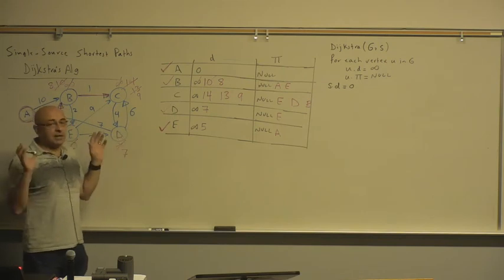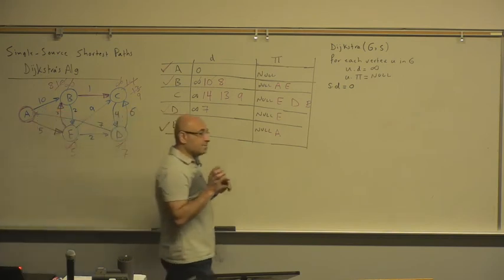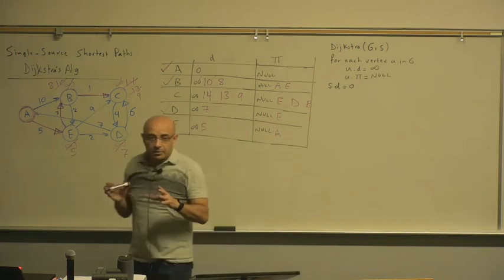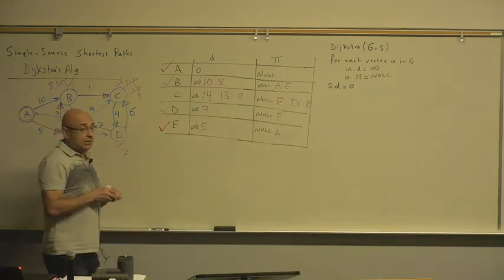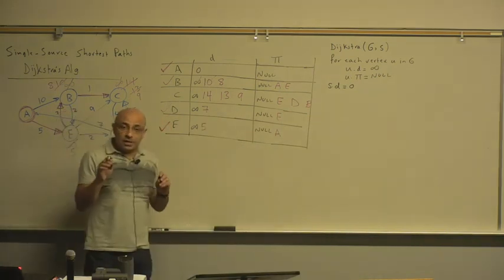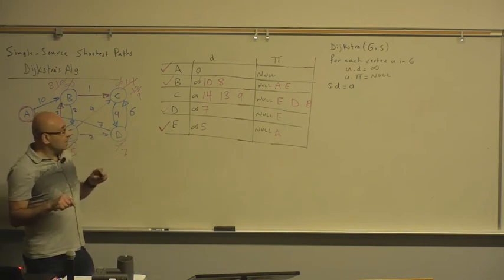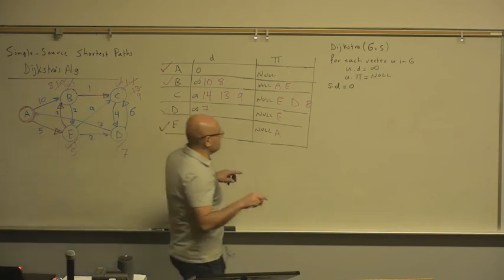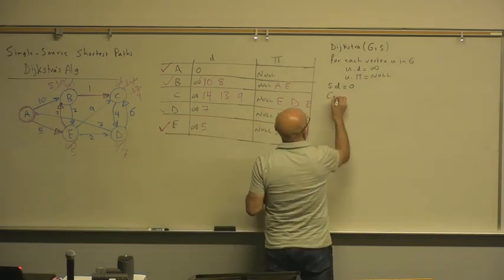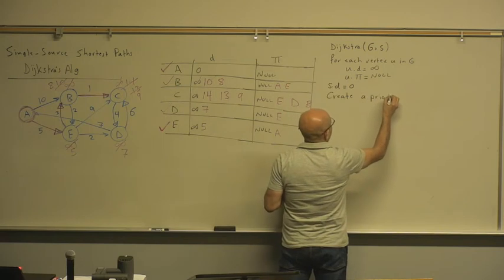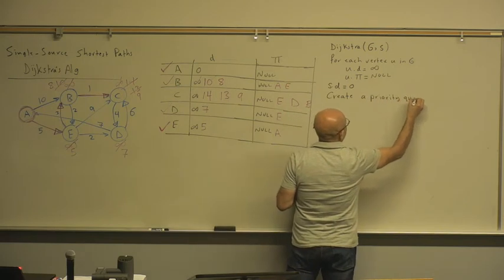The vertex that is done, that we know has its best distance and things are not going to get any better. Okay, so it's a priority queue. But the priority queue can be implemented in different ways. So we will look into this when we get to the analysis. But let's now just say priority queue. Create a priority queue.